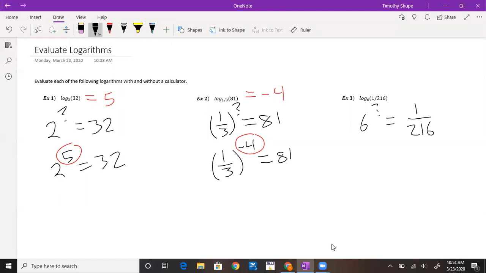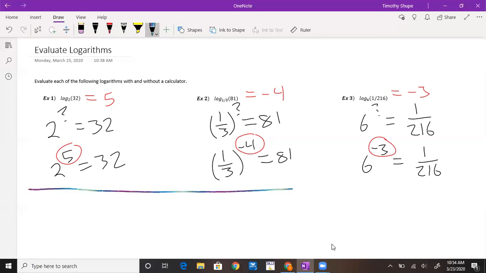So to get from 6 to 216 with an exponent, I can say 6 raised to the 3rd. But to get that fraction, I need to throw in a negative to go from that whole number to a fraction of 216. So that answer to the logarithm up here would be -3, because 6 to the -3rd equals 1/216.